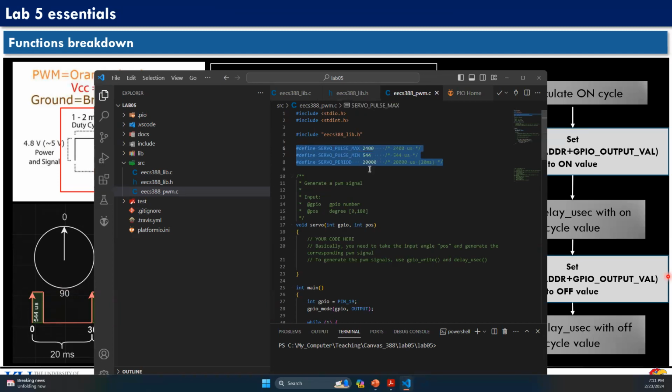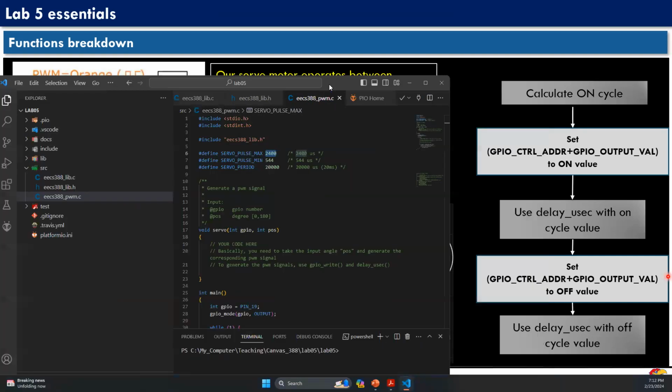In the code you already have the initialized values: the maximum pulse we can give to our servo motor is 2400 microseconds, the minimum is 544, and the period is 20,000. Within this 20,000 period, for example to rotate the motor fan to 180 degrees, we have to turn on for this amount of microseconds, and for the rest of the time we want our clock period to be off.